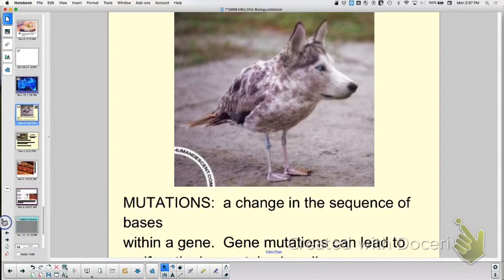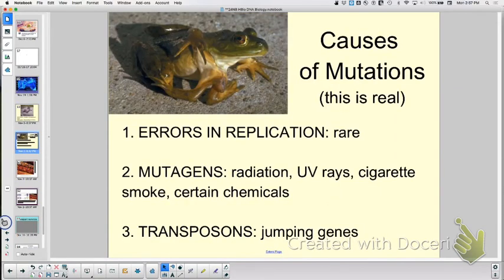This is a mess up somehow in the DNA. Causes of mutations: you could have just made a mistake when you were replicating, maybe more likely you're exposed to some mutagen in the environment, or it could be a transposon causing your mutation. What are transposons? Jumping genes.